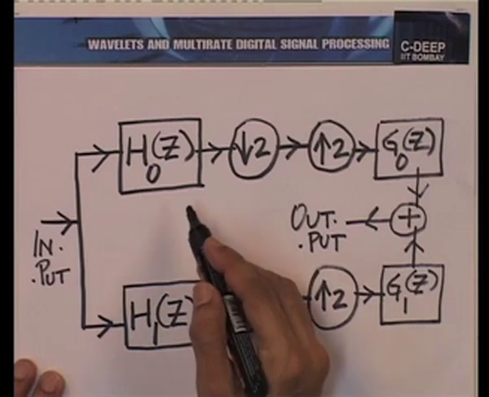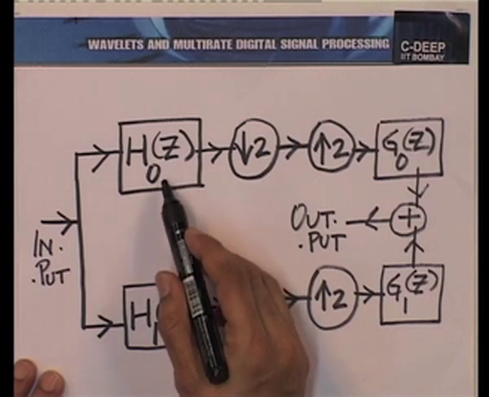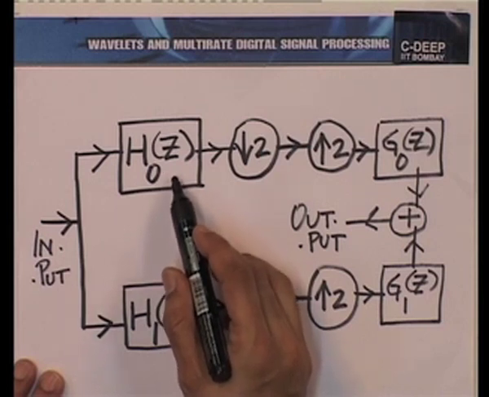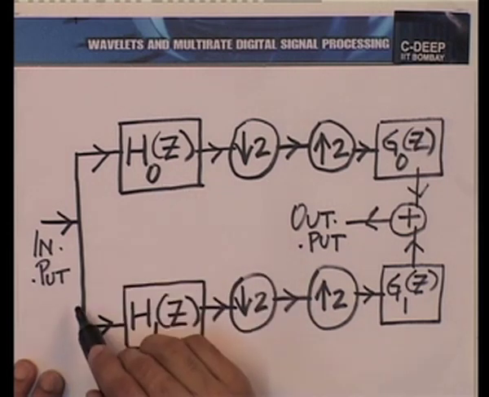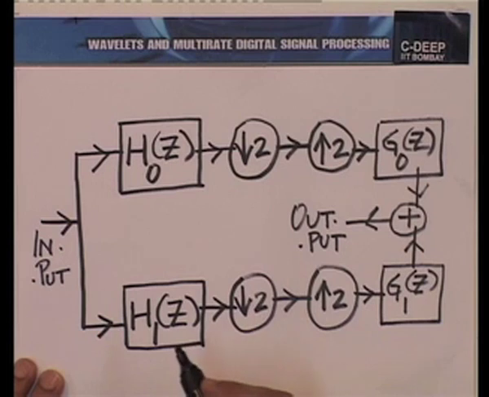To recall, this is going towards the ideal discrete time low pass filter with a cutoff of pi by 2 on the normalized angular frequency axis, and so is this. This is going towards the discrete time ideal high pass filter with a cutoff of pi by 2 again, and so is this.